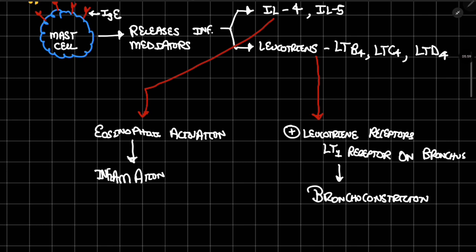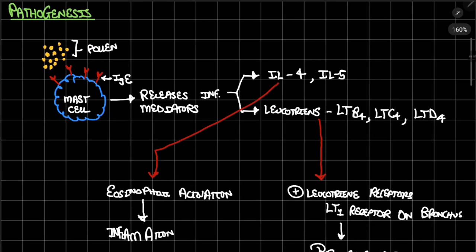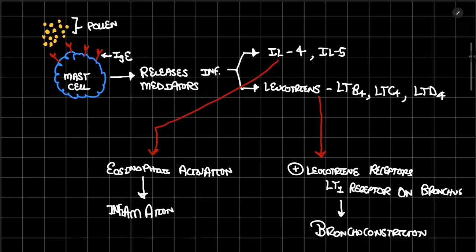Now, to summarize this story: when a person is walking in a garden near the flowers, the pollens will come and go via the nasal tract to the bronchus. There are mast cells there, with IgE on their surface. This IgE will catch the pollen.